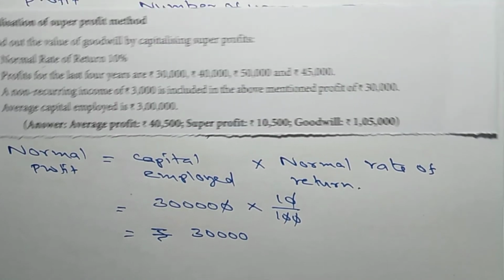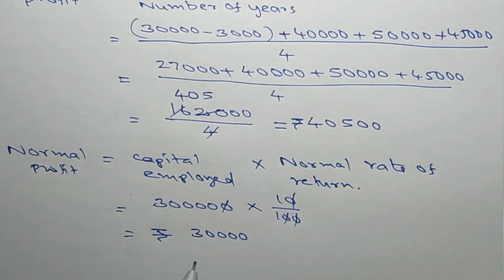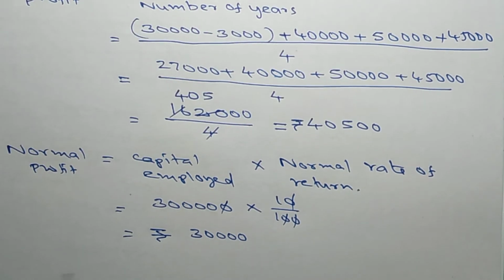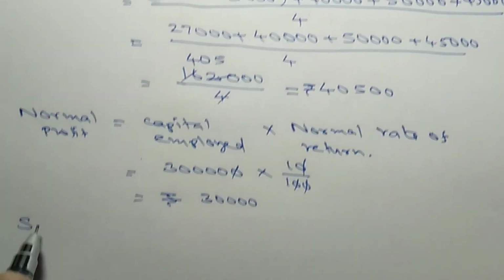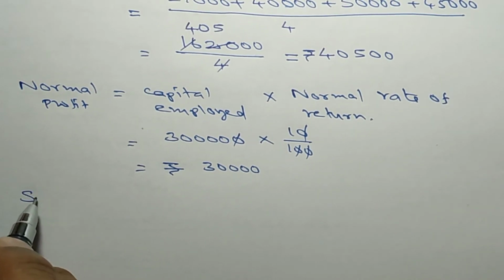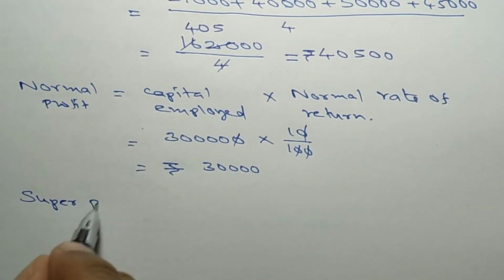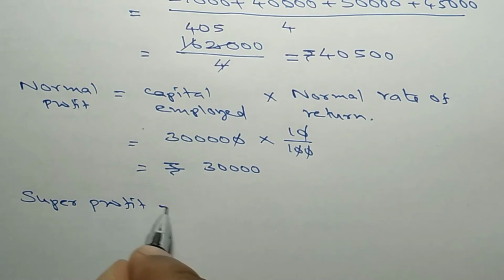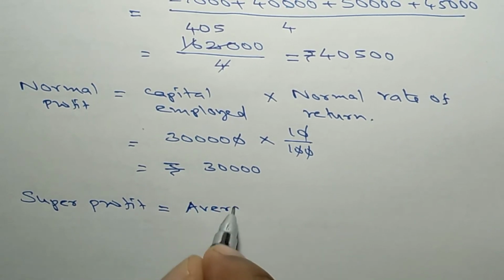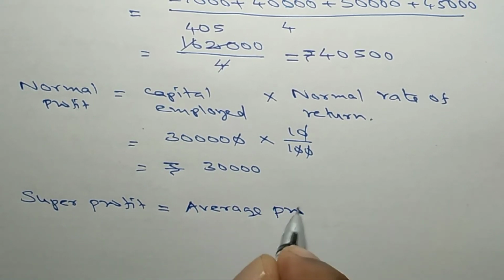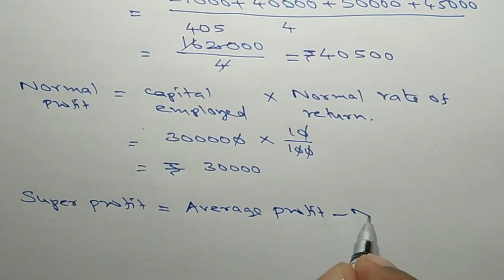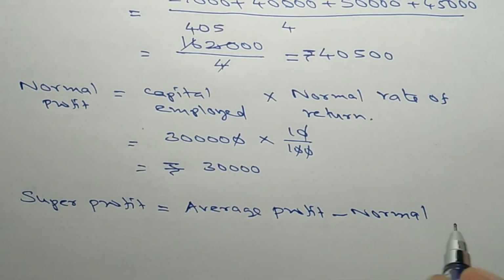So now we found normal profit and also average profit. Then find out super profit. Super profit is equal to average profit minus normal profit.